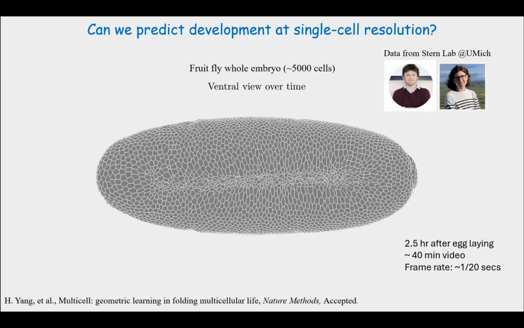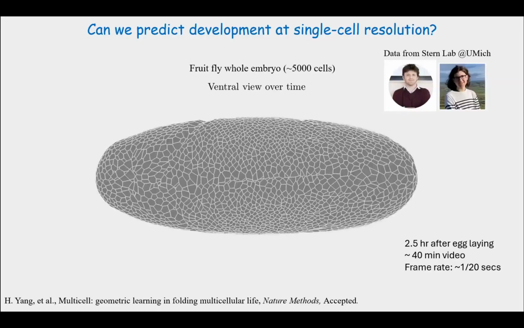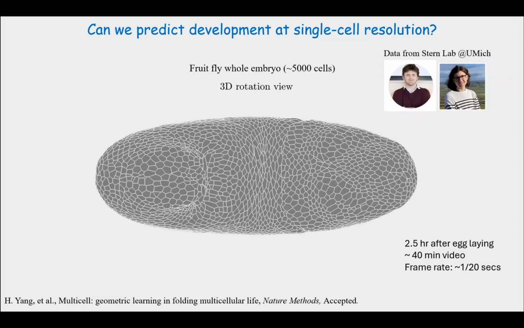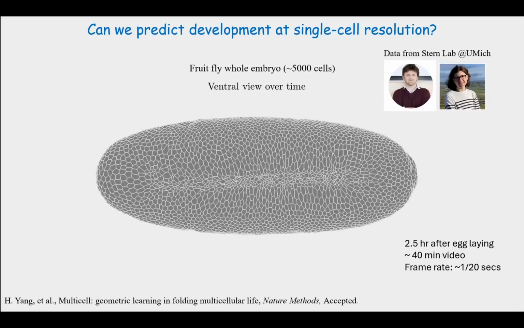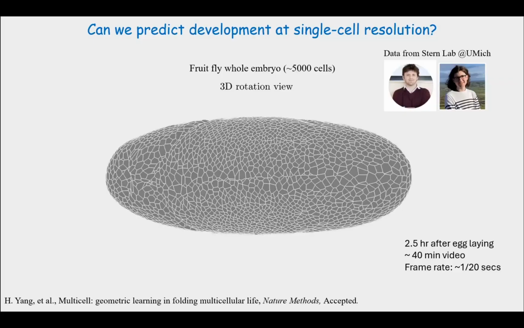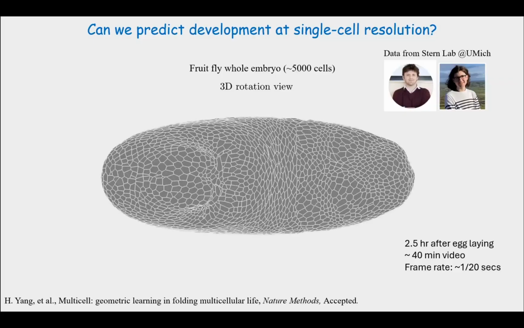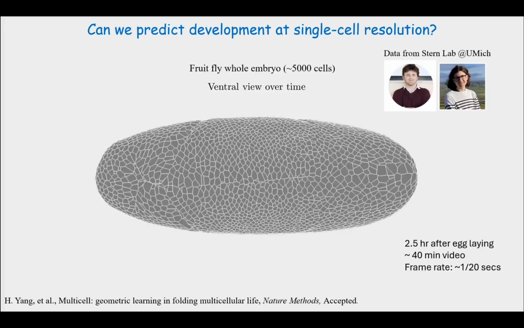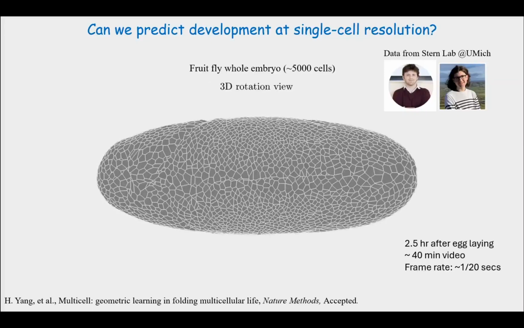Okay, so here's the data. For this one, we're collaborating with Homer Stern's lab at U Michigan, who has taken full embryo 3D video with laser light sheet and fully segmented it, so that you have a beautiful 3D embryo that we can play with.